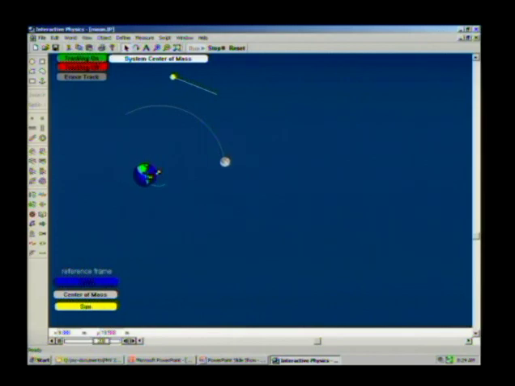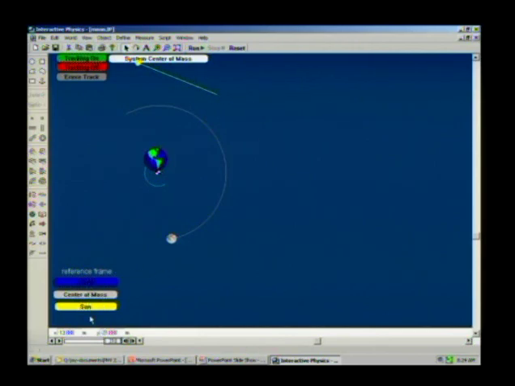Well, if we look at the Earth and then the Moon, they both experience centripetal acceleration. They both move in a circle. The problem now is with the Sun, though, because the Sun is also going to move in a circle. So for these two objects, the reference frame of the center of mass of Earth and Moon is a good reference frame.